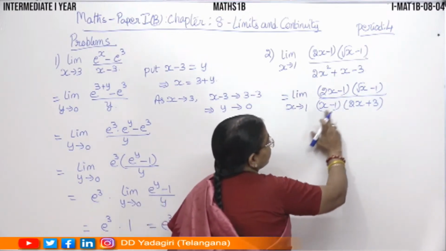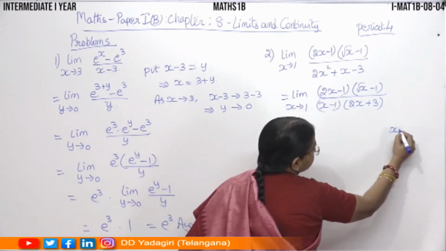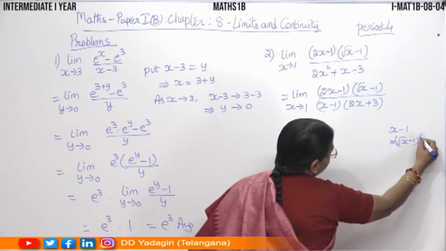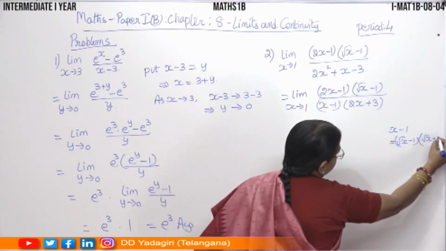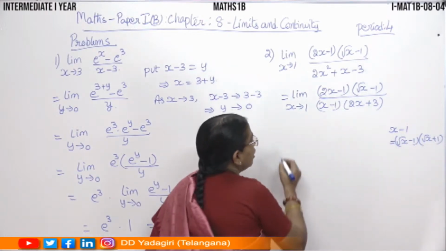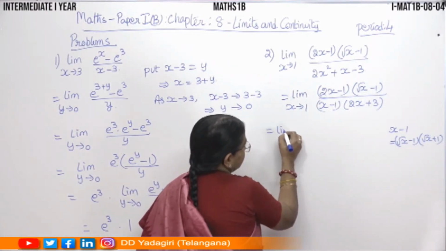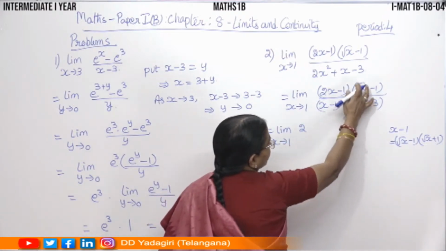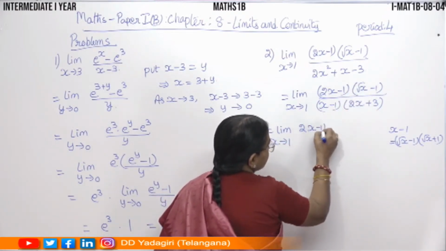Now you can think of writing x minus 1 as (root x minus 1) into (root x plus 1). So you can write like this, or you can rationalize. Because we have an irrational term, you may think of rationalizing.